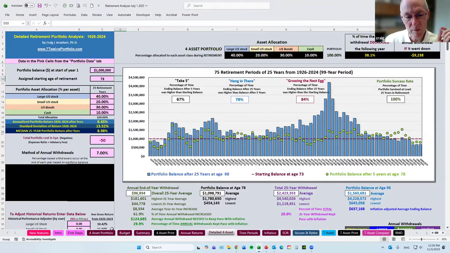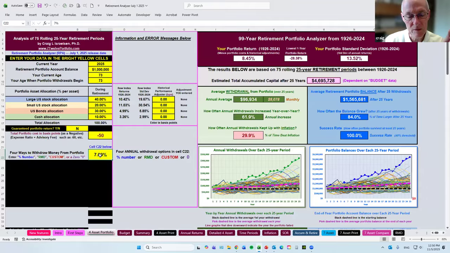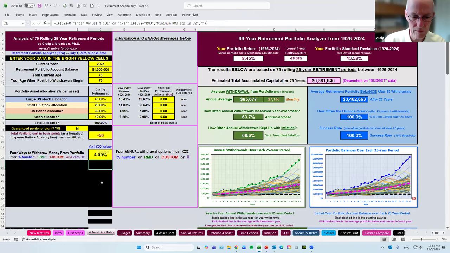Some big takeaways are, number one, a percentage-based approach to withdrawals is the most logical and safe way to withdraw money, as opposed to demanding X amount, either a flat $40,000, 50,000, 60, whatever, or a COLA. So a percentage based. And let me just really quickly give you an idea. Let me put 4%, because 4% is this classic withdrawal rate.